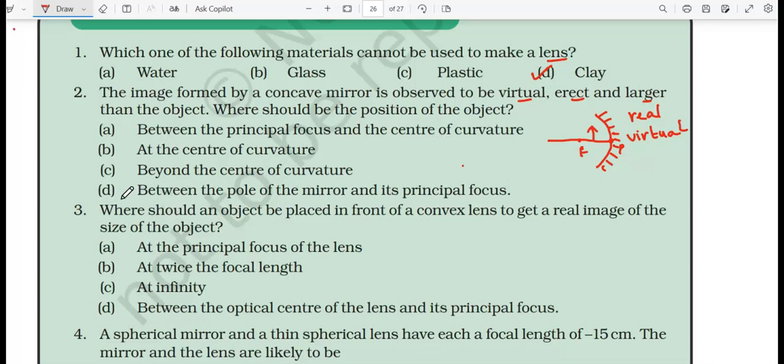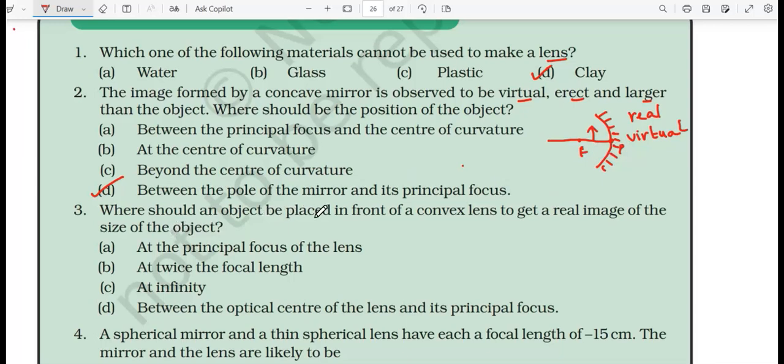So the correct answer will be D, between the pole of the mirror and its principal focus. If you have any problem, just go to the ray diagram and see what kind of image you are getting when the object is placed between the focus and the pole of the mirror.